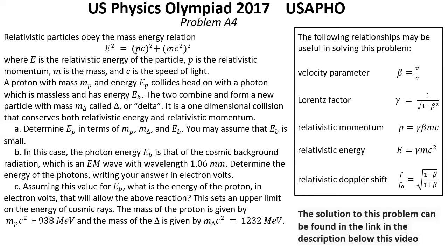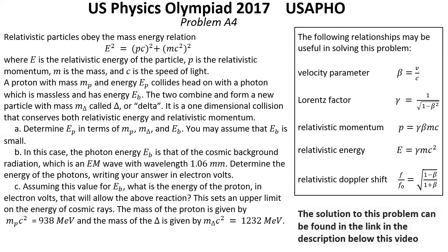A proton with mass m_p and energy E_p collides head-on with a photon, which is massless and has energy E_b. The two combine and form a new particle with mass m delta called delta. It is a one-dimensional collision that conserves both relativistic energy and relativistic momentum.